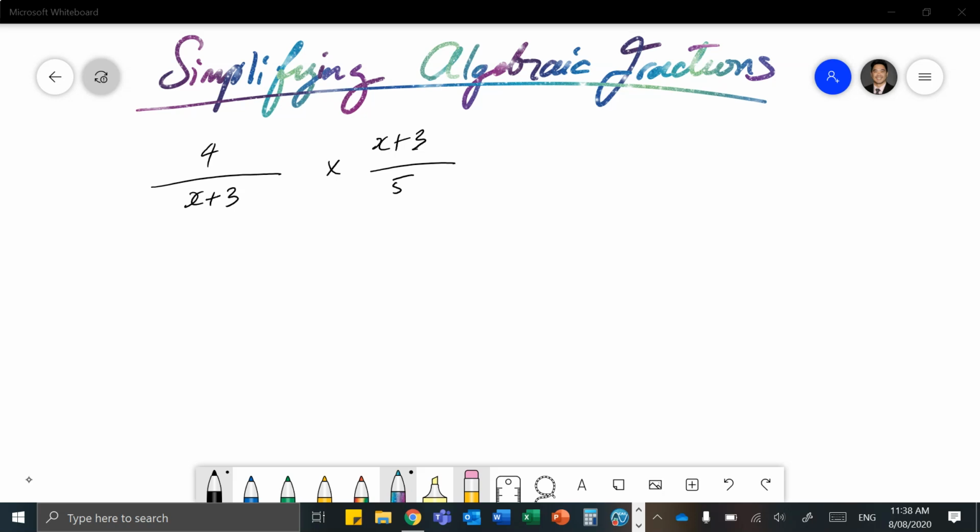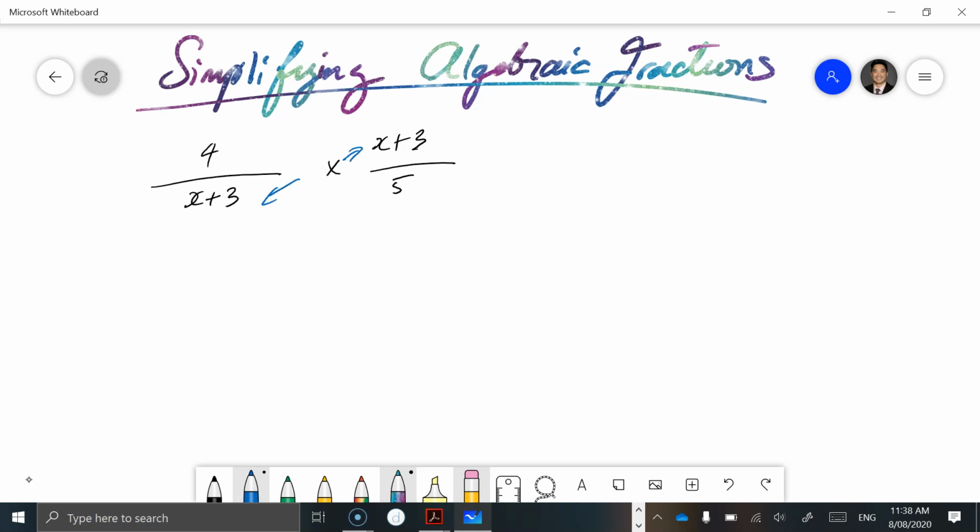So here we go. As you know, when you multiply fractions, you can cross simplify. You can simplify diagonally. You can simplify vertically, but you can't simplify horizontally. Okay, you can't do that.